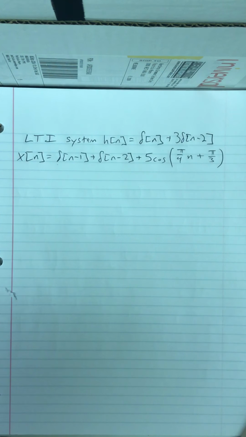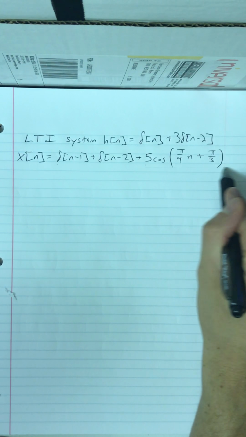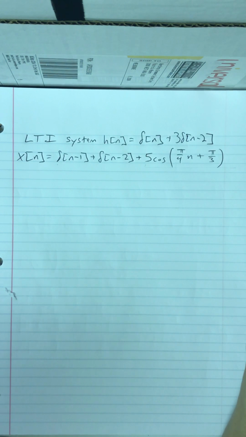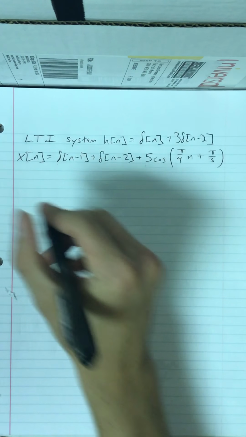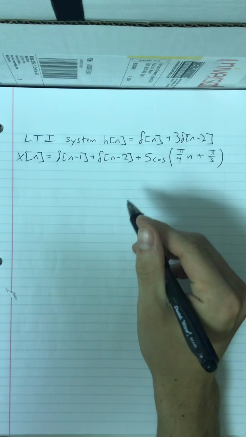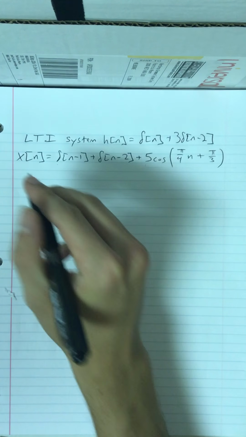Okay, easy enough. So we have a sinusoidal input. We're probably going to want the frequency response, so let's go ahead and get it. If you watch the lecture videos, you'll know that you can get the frequency response from the impulse response.